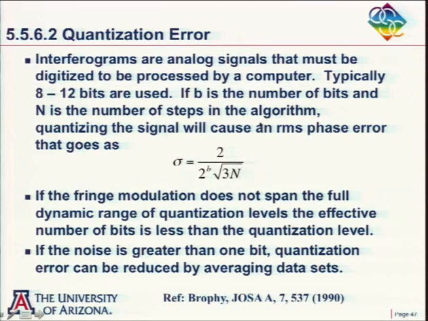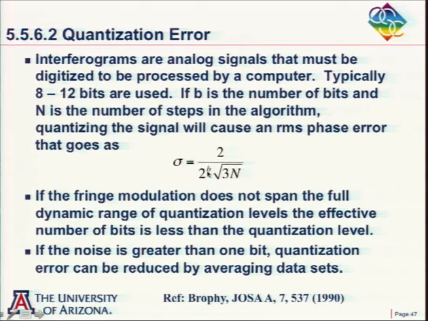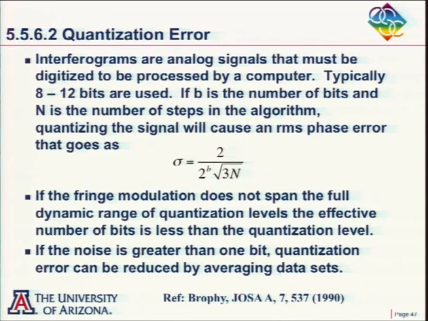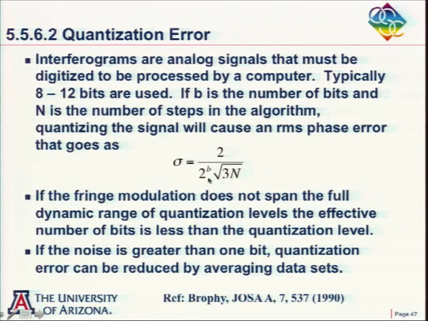And so this is in phase, radians, so divide by 2 pi to get waves error. And I think in these Mathematica notes, the other set of notes I showed you, I have a table showing what the RMS phase error is as a function of number of bits.